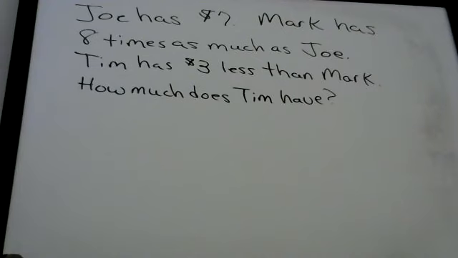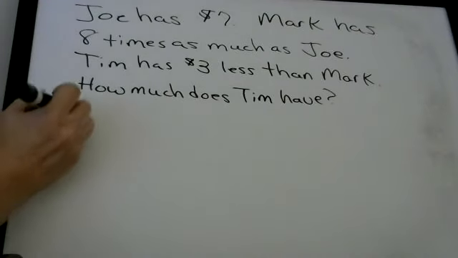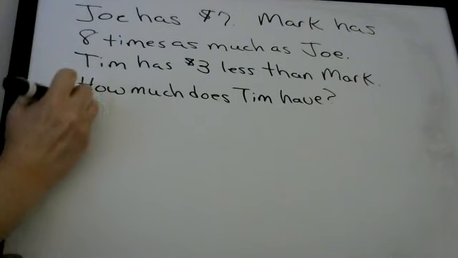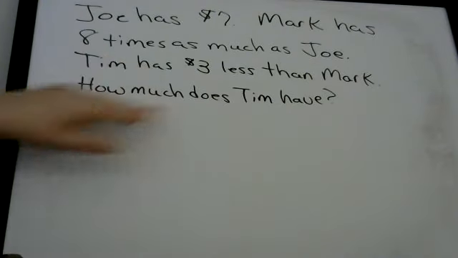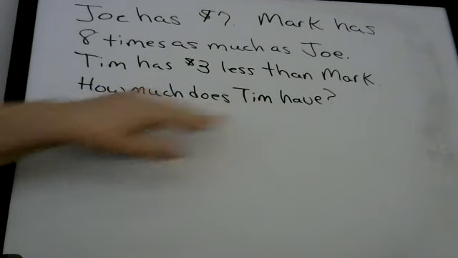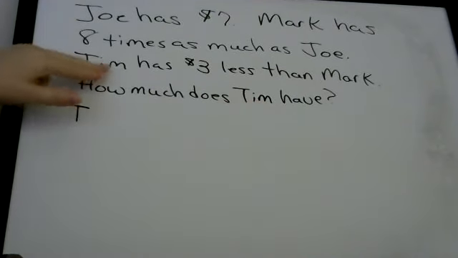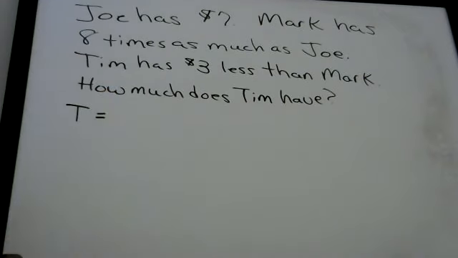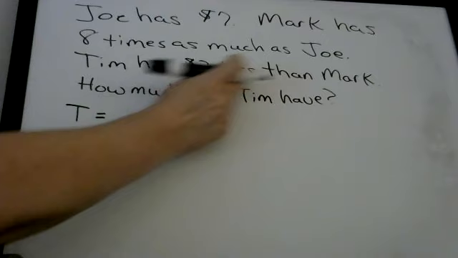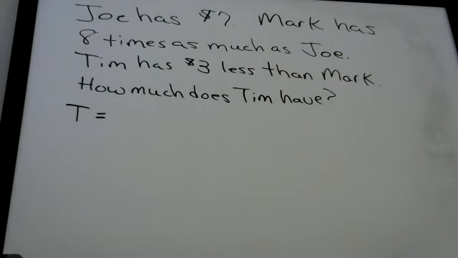So we're just going to use variables with their first names. So Tim, because that's who we want to know, right? Ultimately, how much does Tim have? We're going to make that a T. Tim has means equals 3 less than Mark. And so we know this is going to be some sort of subtraction.